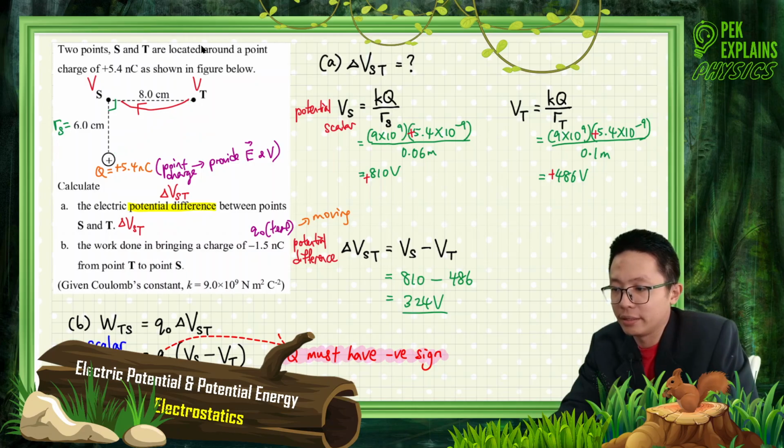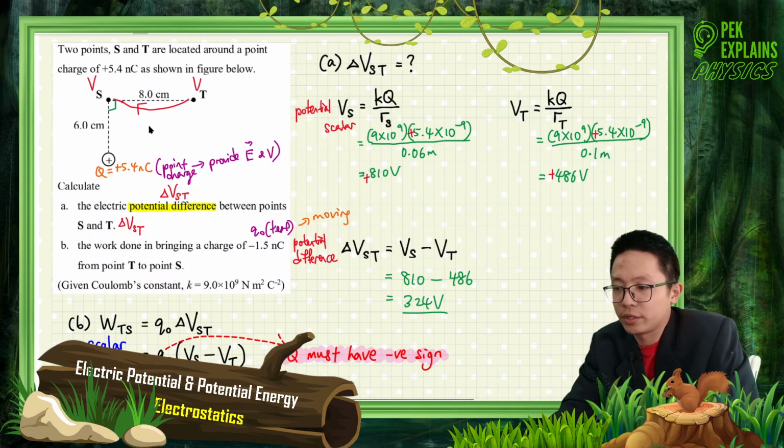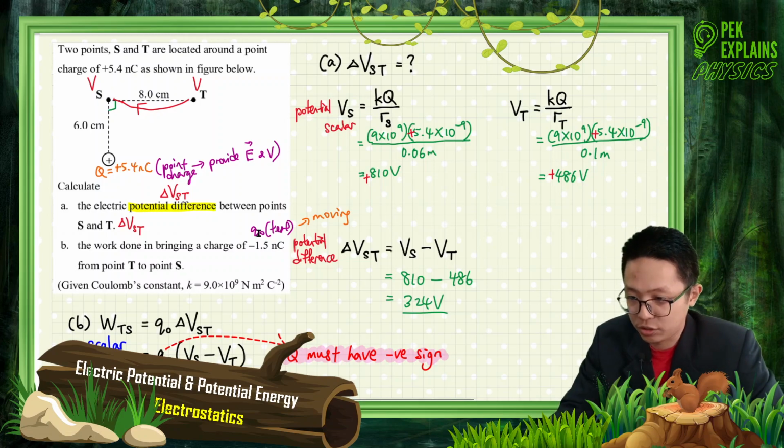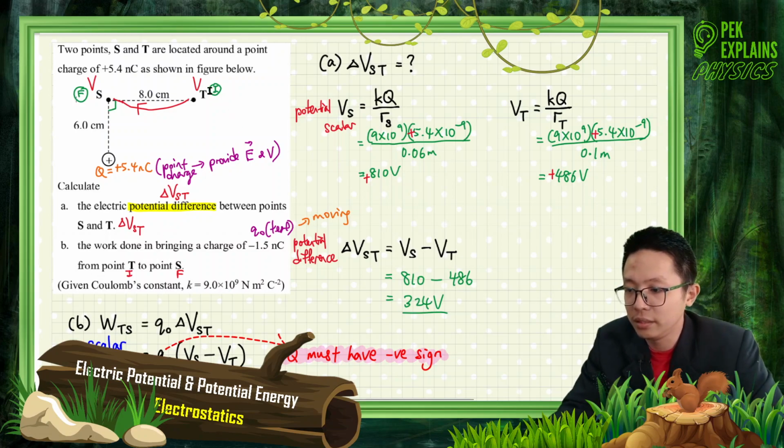I don't want this RS and RT anymore, because I already finished question A. Now I want to do question B. This test charge is moving from T to S. So that means T is the initial point and S is the final point. Understand?